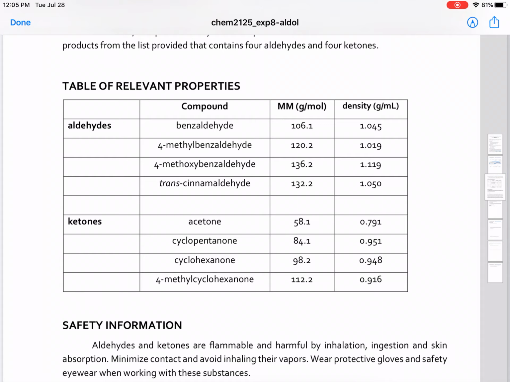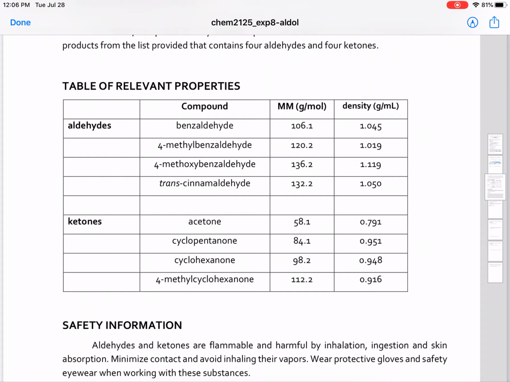So that is 4 different products. Similarly, if you choose 4-methylbenzaldehyde, you can do that aldehyde with these 4 ketones. So likewise, 4, 4, 4, 4, there are 16 combinations of different products we could make by choosing different aldehydes and ketones.